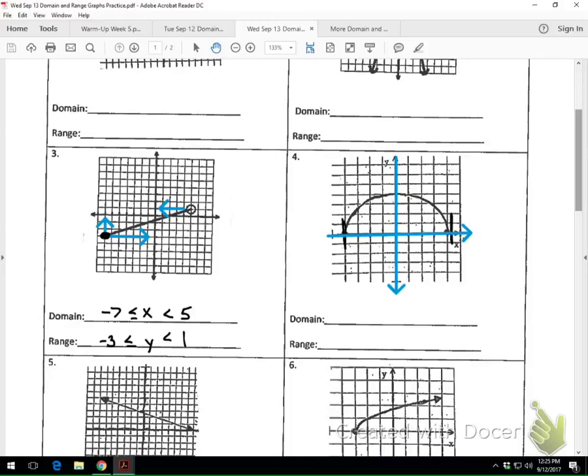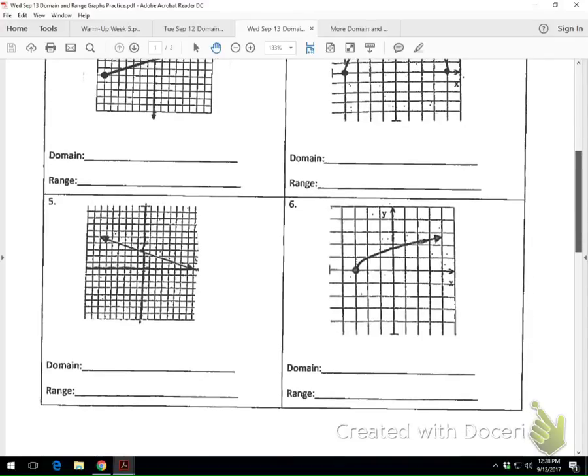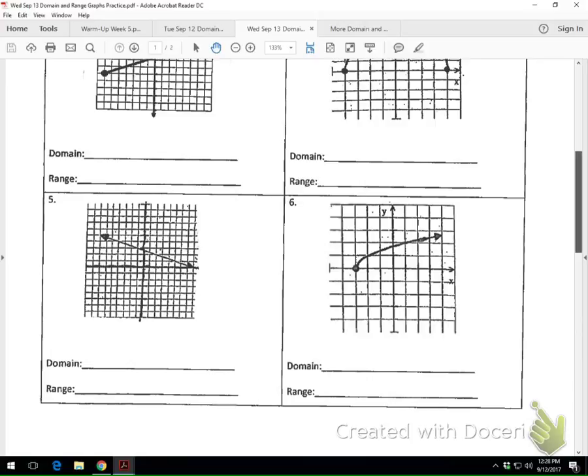So you're going to go very left, very right, very bottom, very top. Okay, and you'll write it just like we did on number 3. It'll look very similar to number 3. Okay, number 4 or 5. This one looks like 1 in your notes. So look back at your notes.